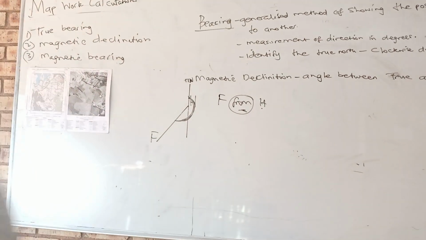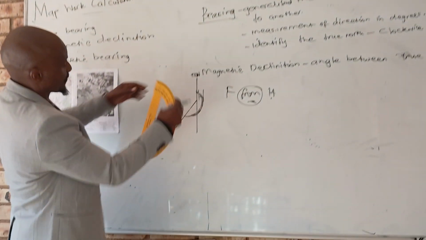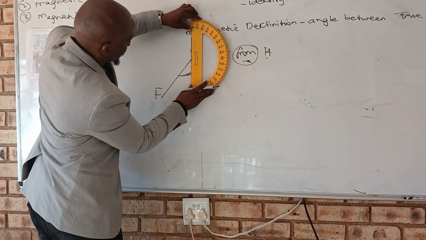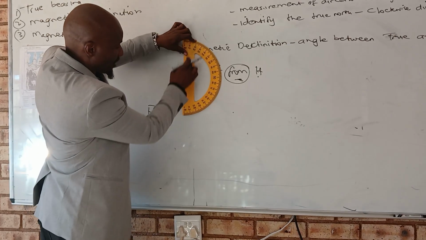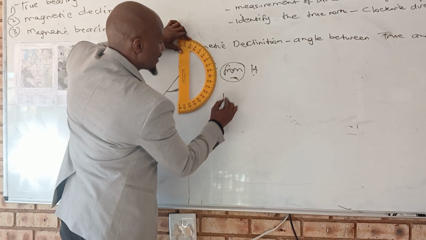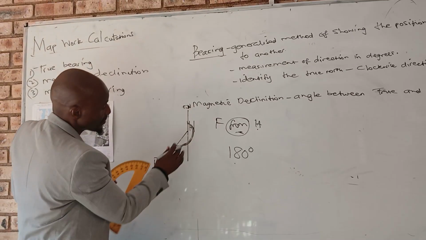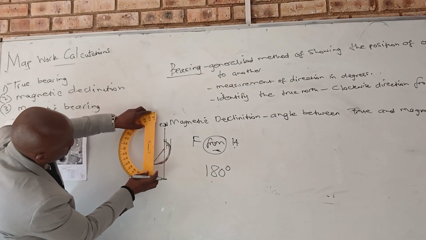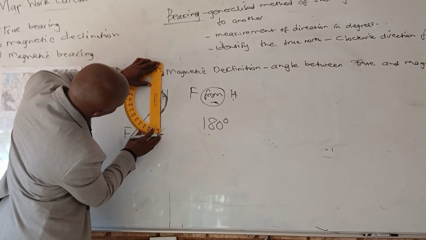The next thing that you do is you take your protractor and measure from here. It's a straight line, make sure that this arrow is exactly at the center. So from here, a straight line adds up to 180 degrees. Remember, we need to measure up to there, which means you are also supposed to measure on the other side so that you have the correct measurement.